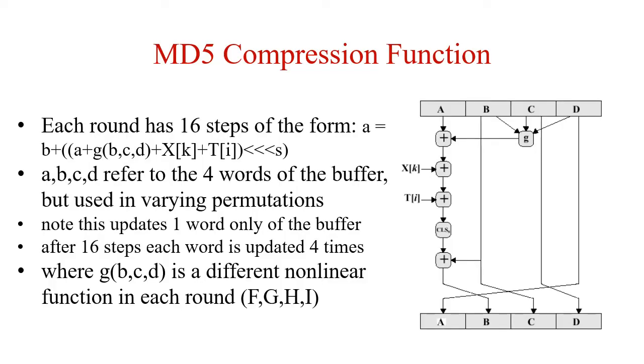Now the function which we have seen in the previous slide is called the MD5 compression function. It is responsible for updating these 4 MD buffers A, B, C, D. So how is it processing? When we give these 4 words of 32 bits each as input to the function, it applies the function G on the 3 words B, C, D. Then the output of this function G is added with the first word A. Then we add it with xk, that is a round constant, and then with ti.